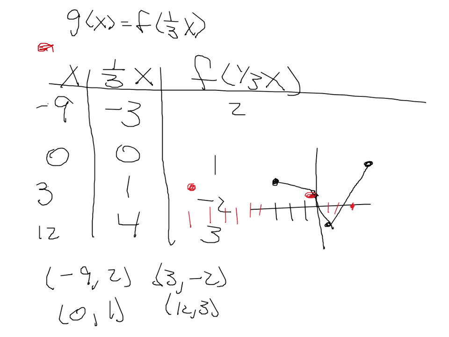So it'd be 3, -2. 0, 1, got that one. And then 12, way over here, 3. So this got stretched horizontally. So this is a horizontal stretch.